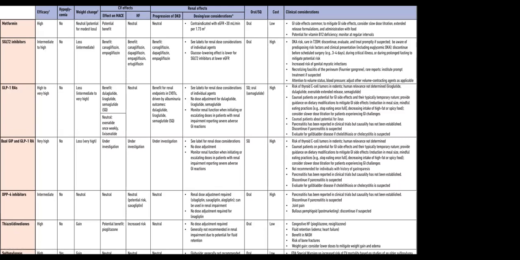So I think here it is safe to say we can only give insulin and maybe your SGLT2 inhibitors. If the patient is already on those, they can continue with that, but that would be the most appropriate.